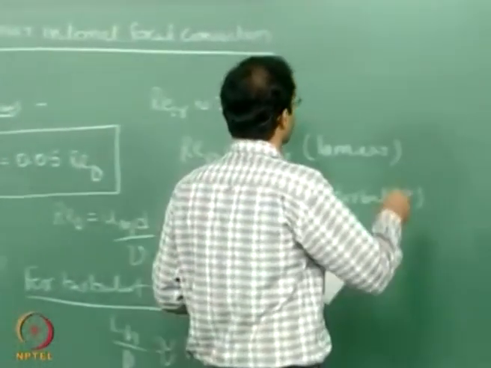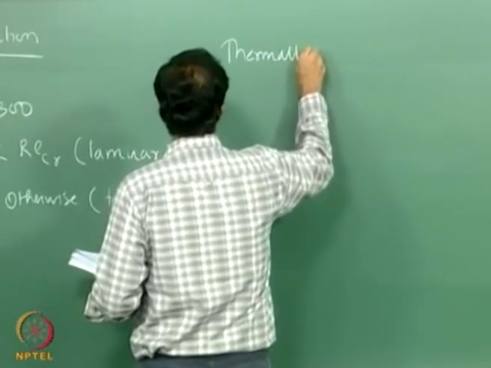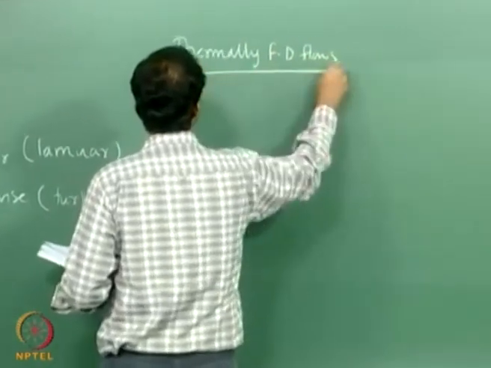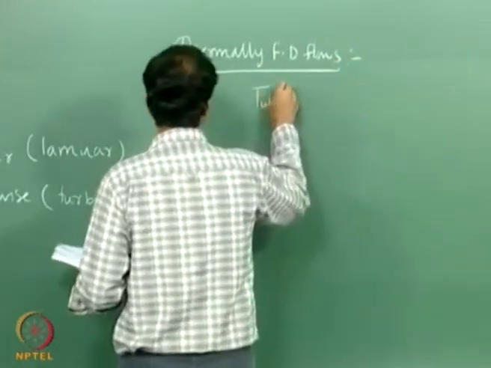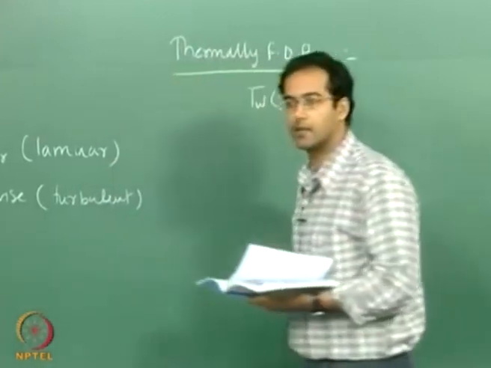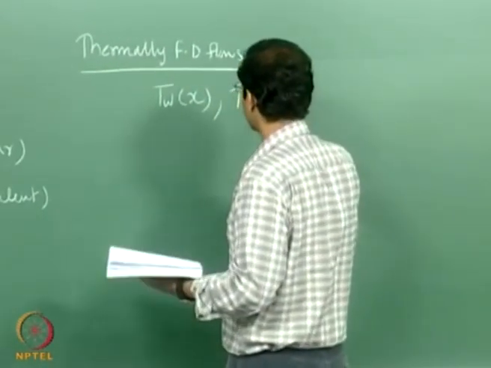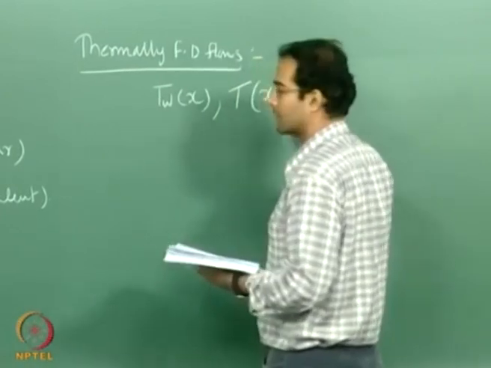So thermally fully developed. I know that due to heat transfer, my wall temperature is a function of x, it keeps changing. My fluid temperature anywhere is also a function of both x and r.